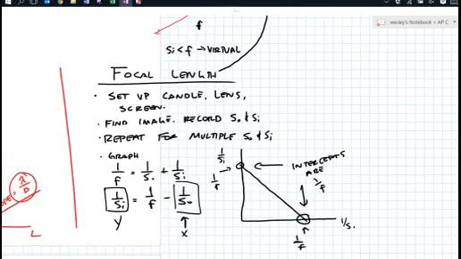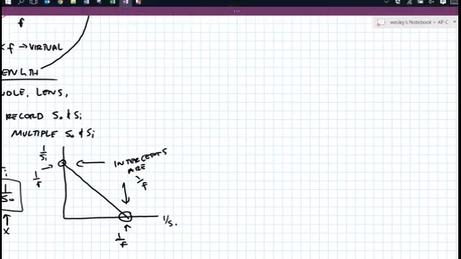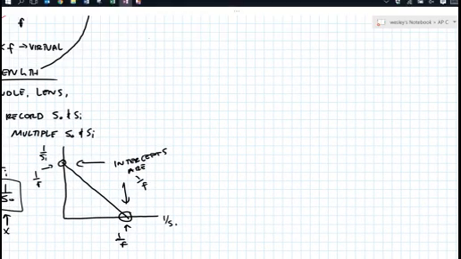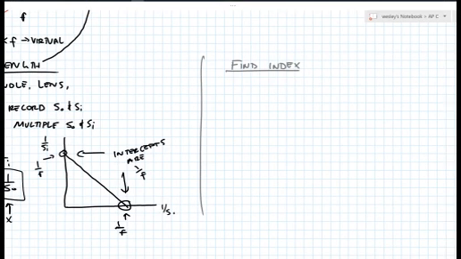Now, the last one that we're going to explain how to do is to find the index of refraction of our material. We have our material. Here's our normal.